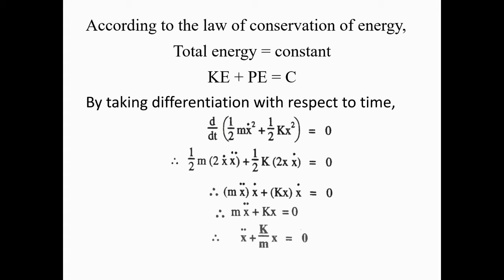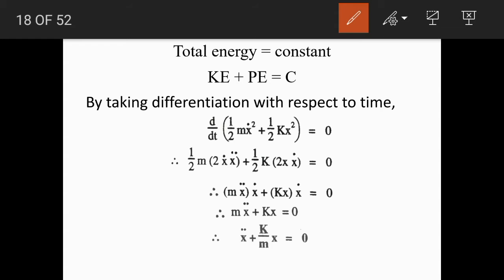Now by taking the differentiation with respect to time, d by dt of kinetic energy plus potential energy would be equal to d by dt of a constant, which is 0. We already know that the differential of a constant term is 0.